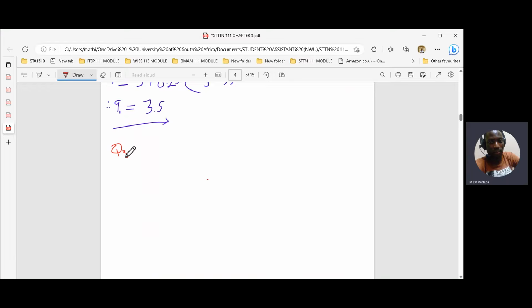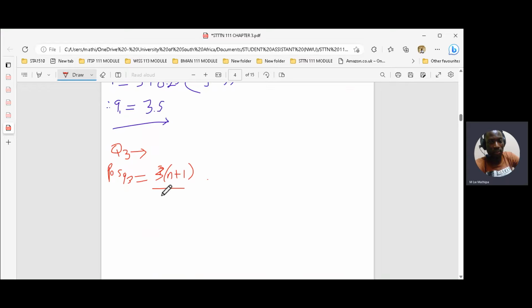Okay, let me just remove this part. Q3 here is just going to be like this. Calculate the position of Q3, which is equal to 3 into n plus 1 divided by 4.